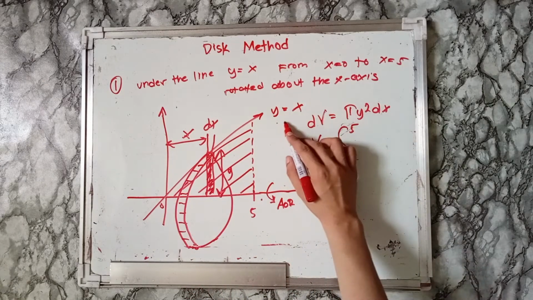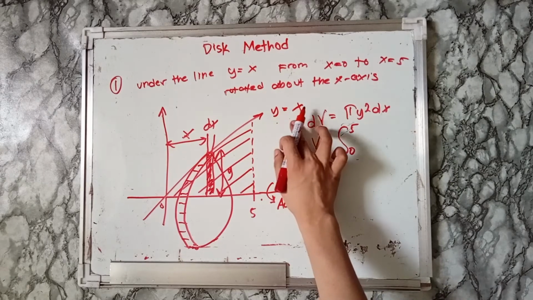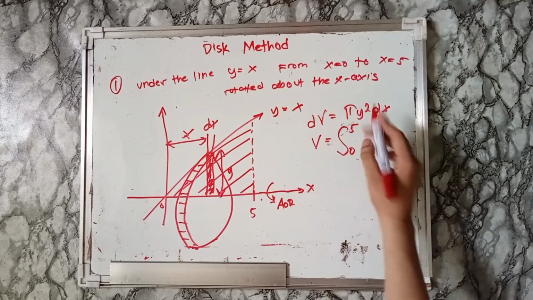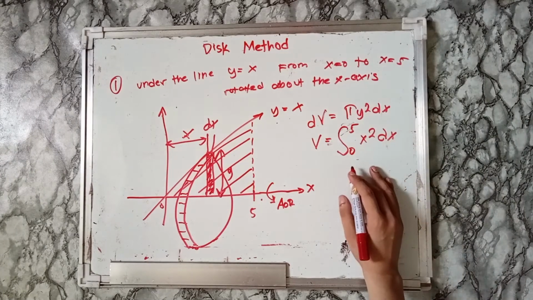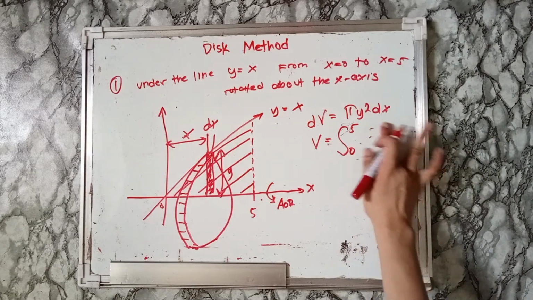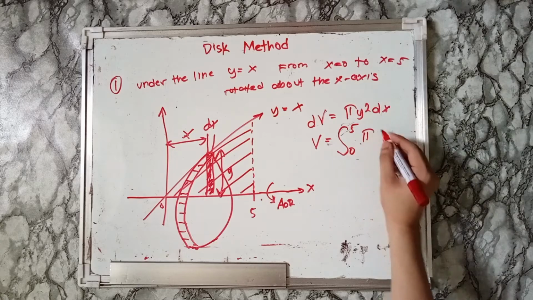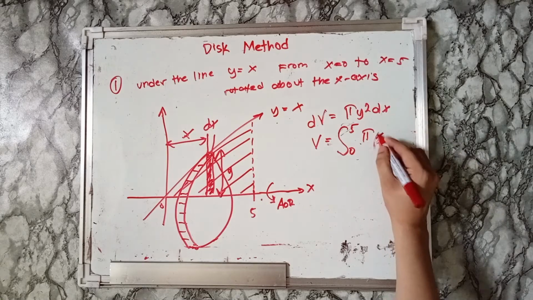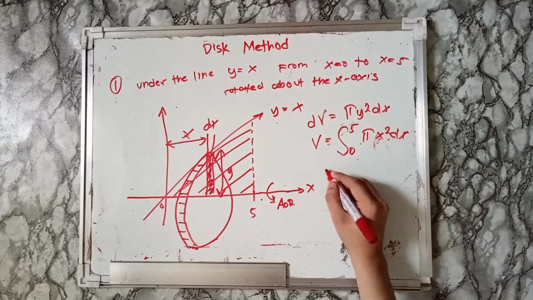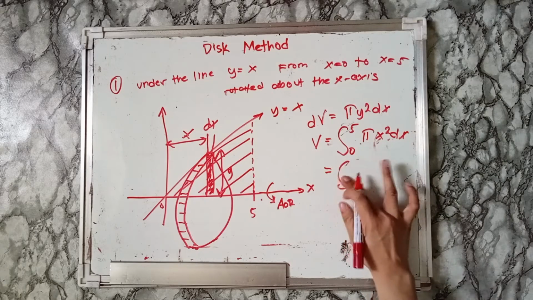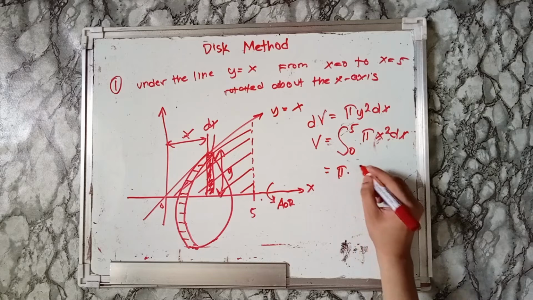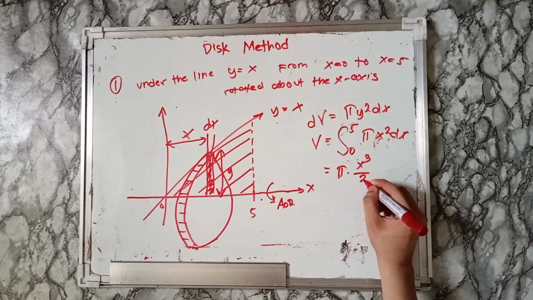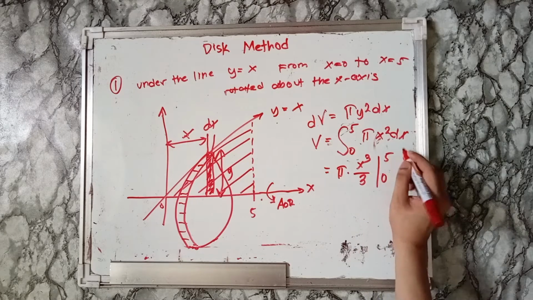Since our y is x, if we square the x, this is just x squared dx. Oh, and don't forget, I forgot the pi: pi x squared dx. Now if we integrate this, this is just pi multiplied by x cubed over 3 with limits from 0 to 5, right?